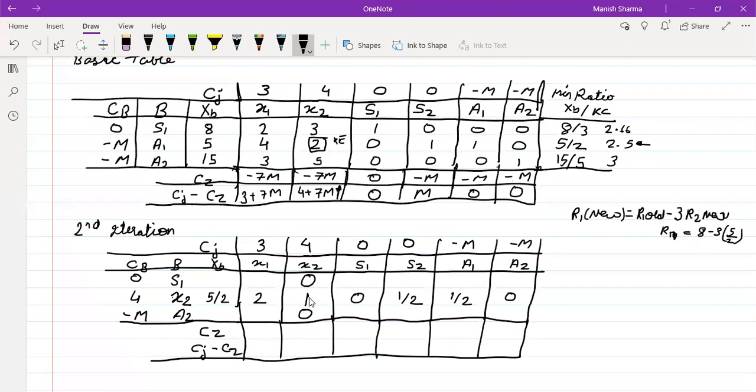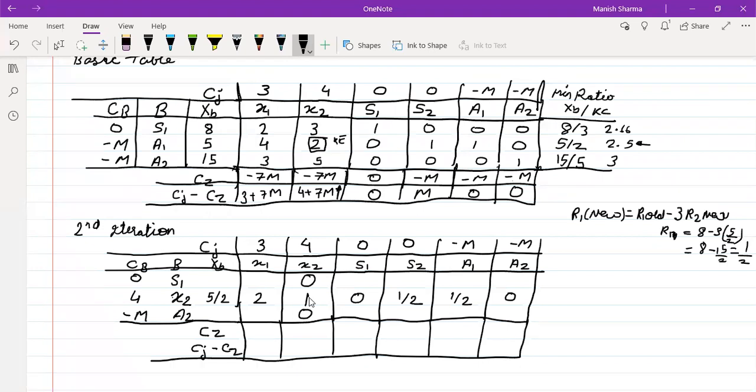So this is 8 minus 3 into 5 by 2. That will be equal to 8 minus 15 by 2, which is equal to 1 by 2. Correct? Any doubts?